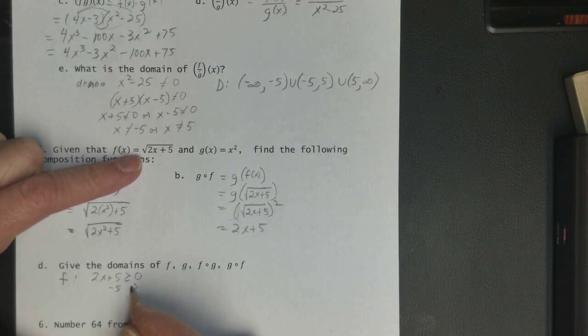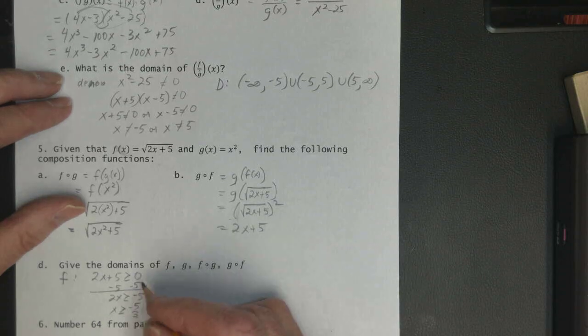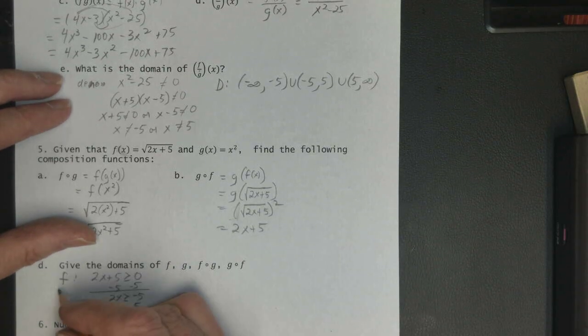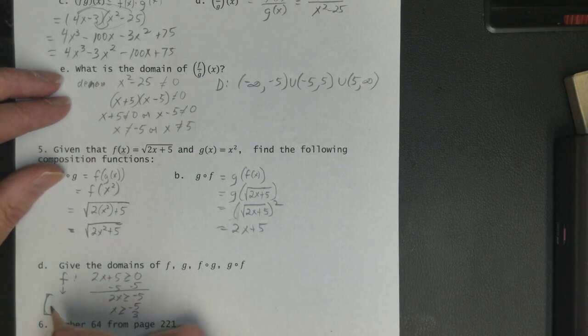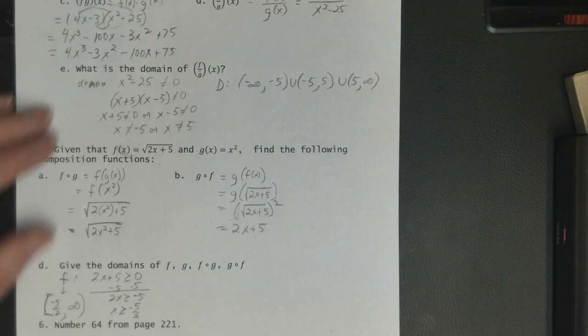Let's subtract 5 because it's under the radical. 2x has to be greater than or equal to negative 5, so x has to be greater than or equal to negative 5 halves. Alright, so for f, I'll put it down here, negative 5 halves and higher, all the way.